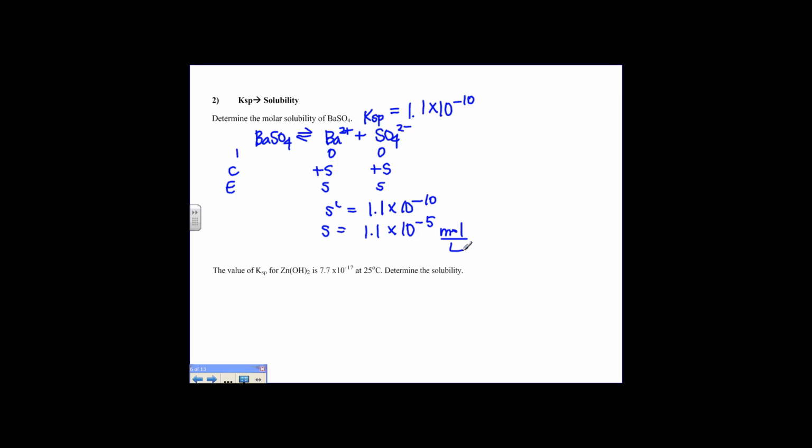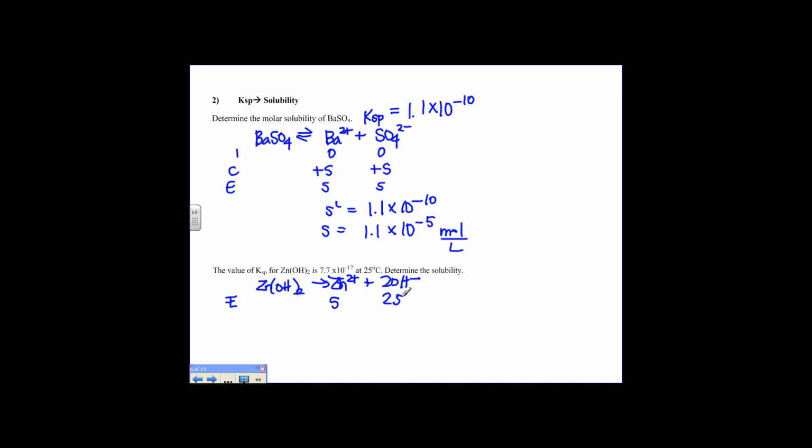For zinc hydroxide, it's a little bit different because we have a ratio other than 1-to-1. When we look at zinc hydroxide, we get Zn2 plus and 2 hydroxide. So if you want to skip ahead to just the ice chart, the E row, this is going to be S and this is going to be 2S.